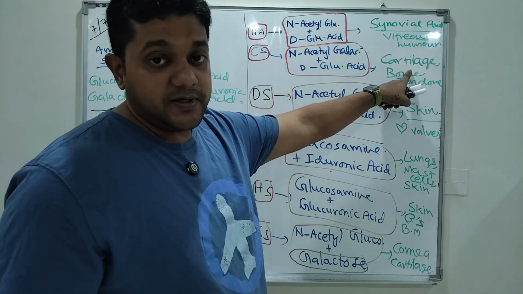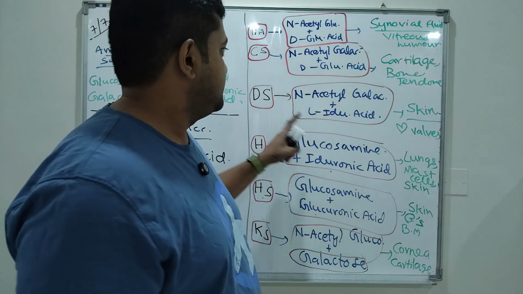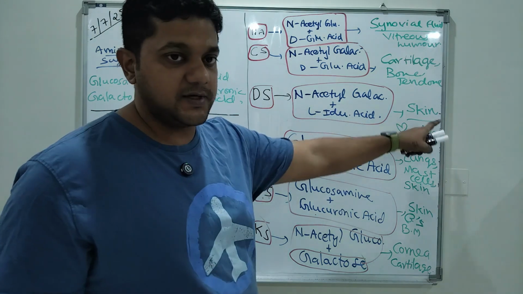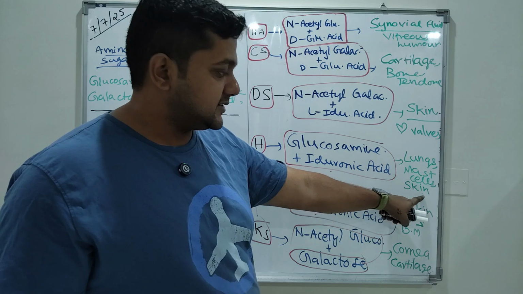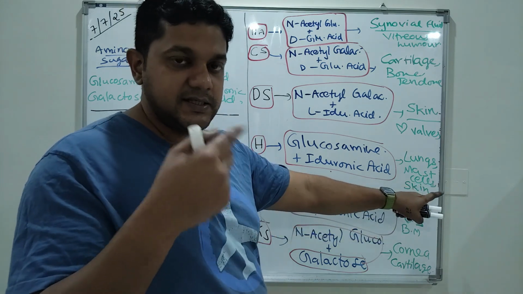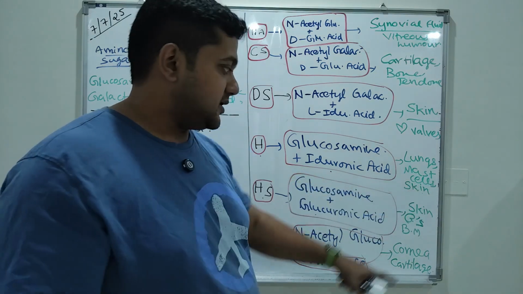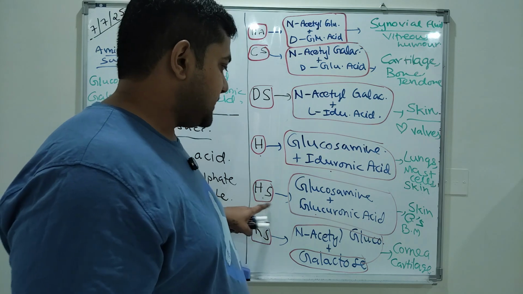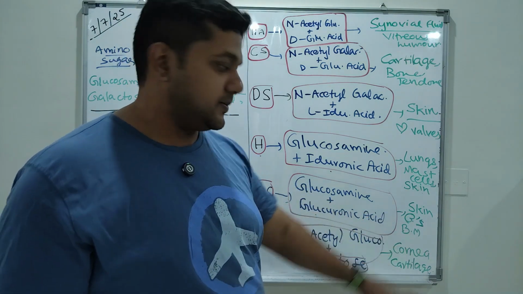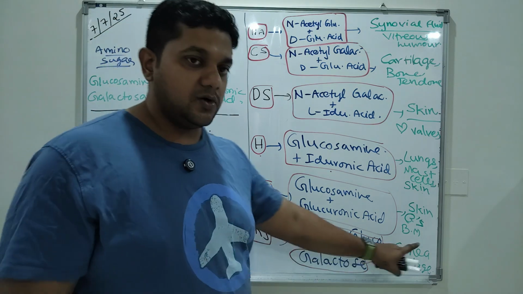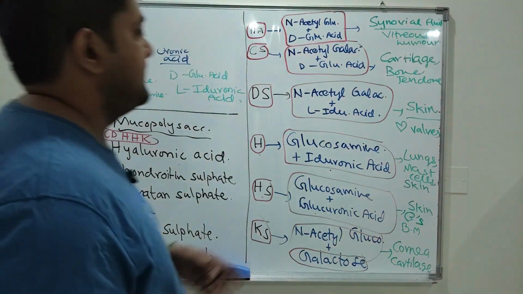Chondroitin sulfate in cartilage, bone and tendon. Dermatan sulfate in skin and heart valves. Heparin in lungs, mast cells and skin. Mast cells are involved in allergy, which release histamine and all. Heparan sulfate is found in skin and kidney basement membrane. Keratan sulfate in cornea and cartilage.